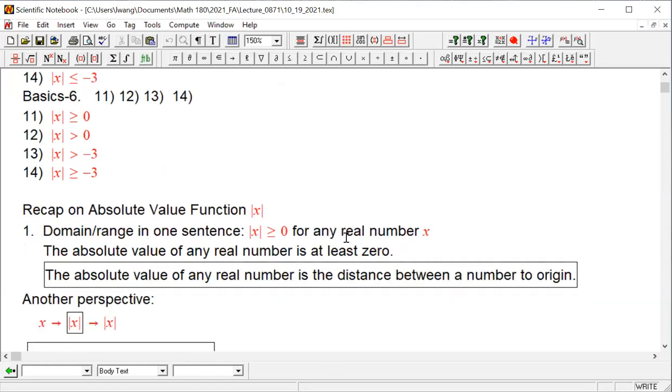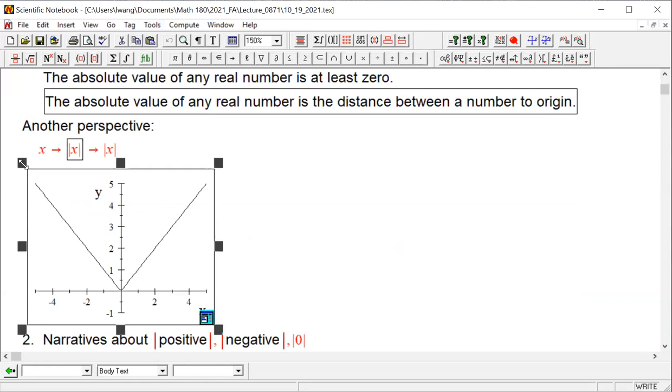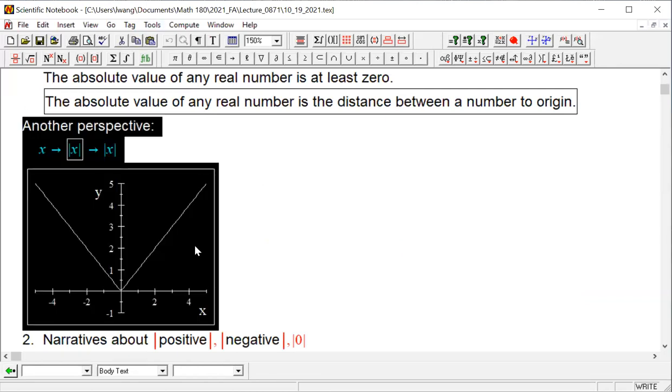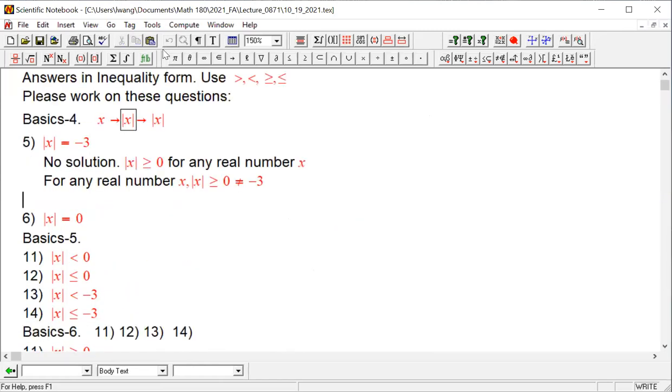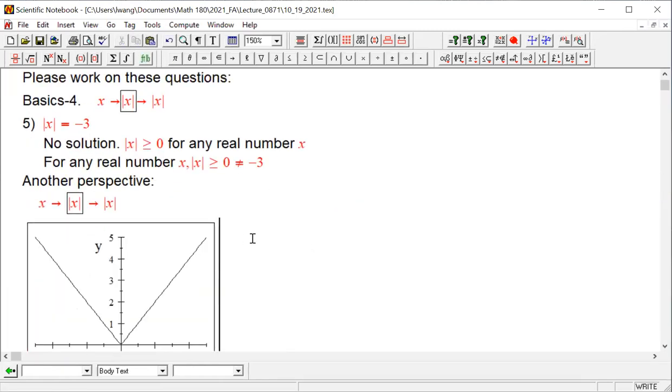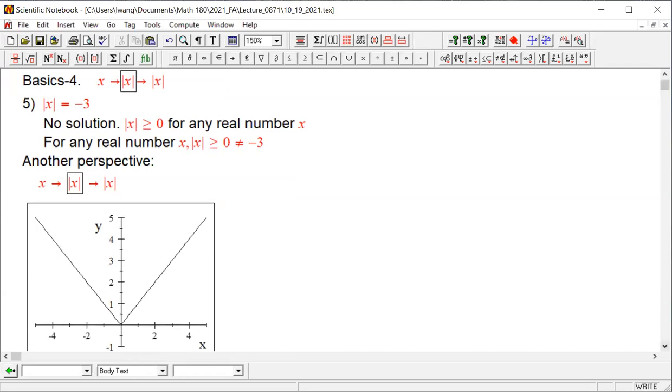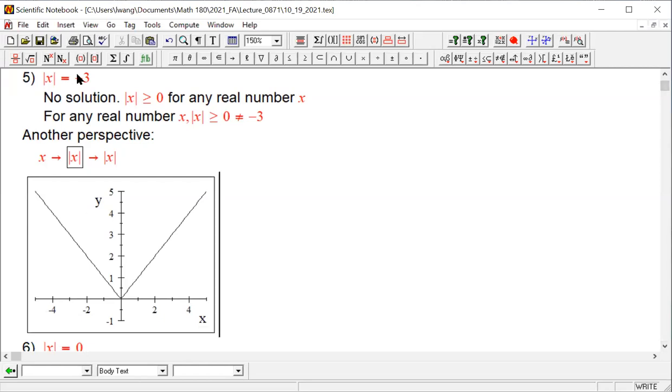What is the use of this graph? Another perspective, right? I saw Farouz was drawing the picture. So what does this mean? This means that I want to find the inputs.